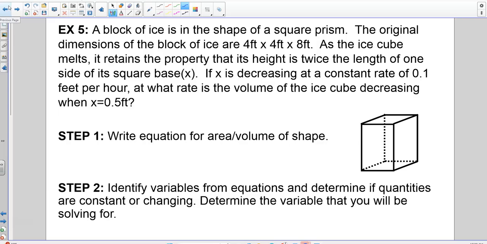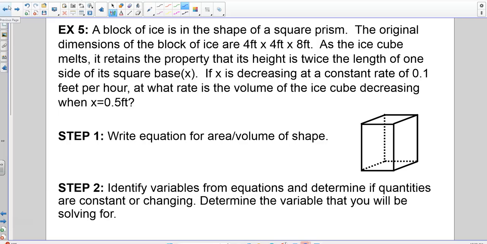So it's like melting in proportion, right? You're keeping the same shape, but it's smaller. If x is decreasing at a constant rate of 0.1 feet per hour, at what rate is the volume of the ice cube decreasing when x equals 0.5 feet?